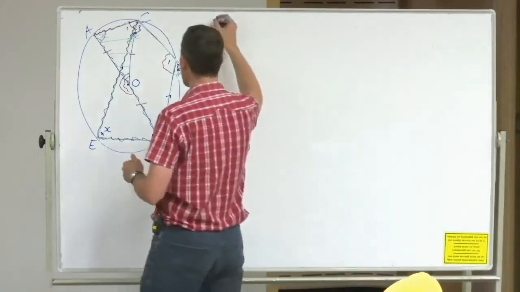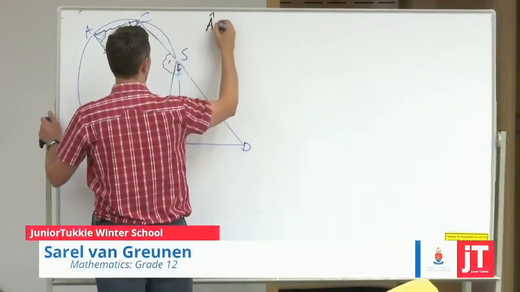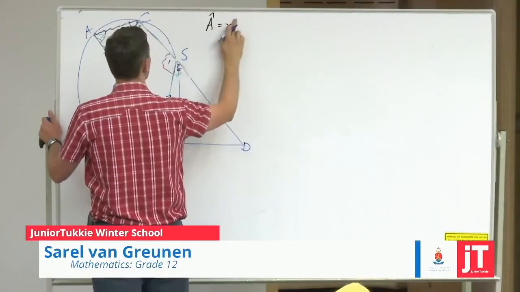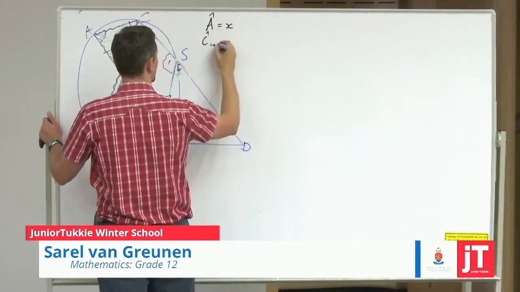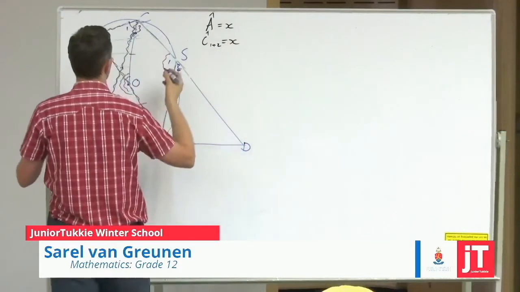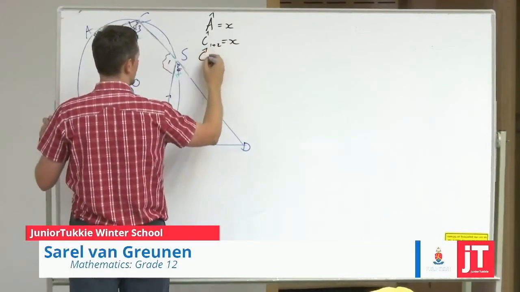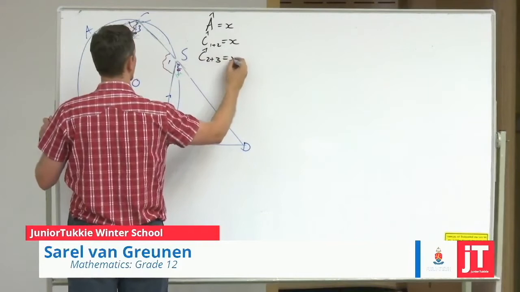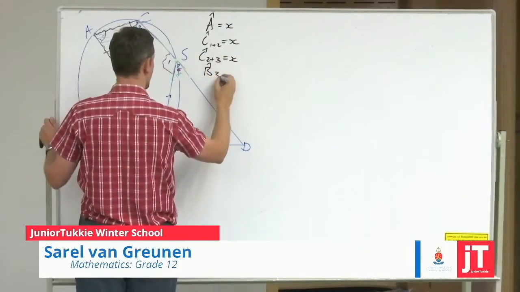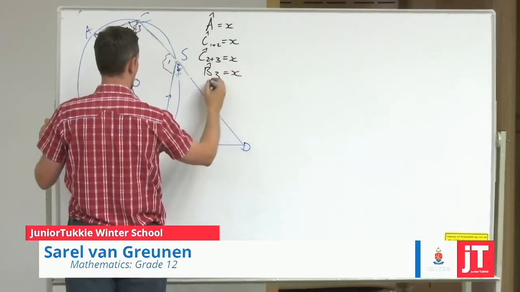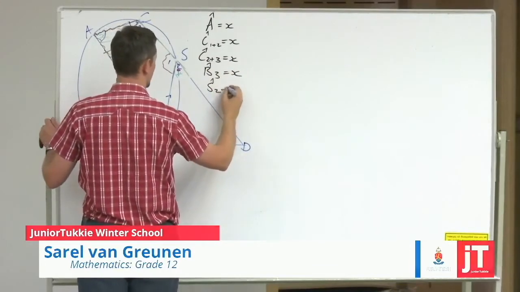So the 5 angles that are equal to x: angle A is equal to x, angle C1 and 2, angles C2 and 3, angles B3 and angle S2.